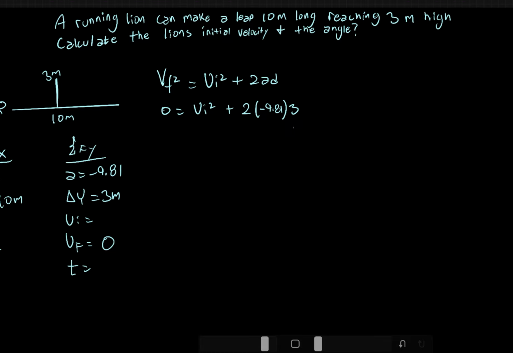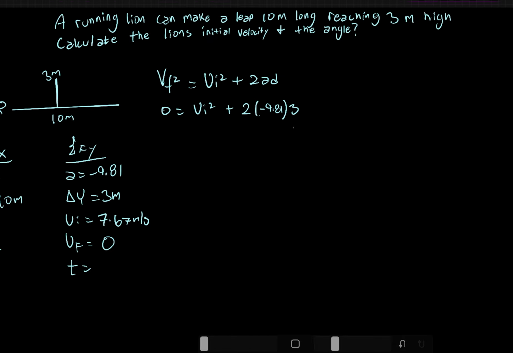And then if I add it on both sides, this will give us 58.86. We'll square root it. So we have 7.67. So our v initial in the y is 7.67 meters per second.